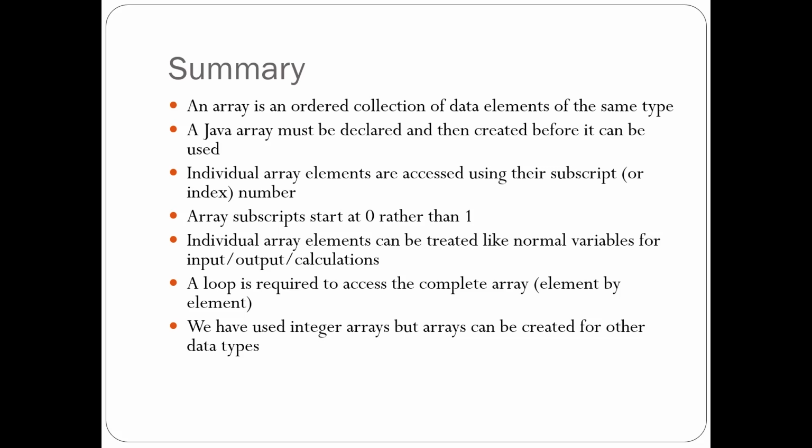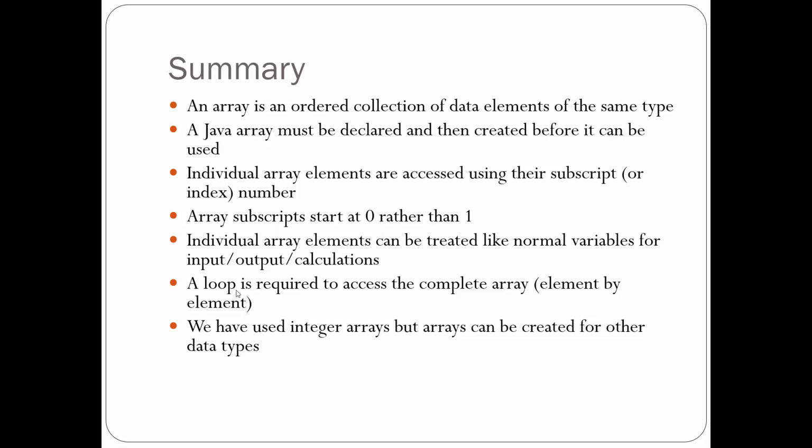So a 10 element array will go from 0 to 9, a 100 element array will go from 0 to 99. Okay? Each element of an array can be treated like a variable. So we can say scores at position 3, temperatures at position 7, and so on.